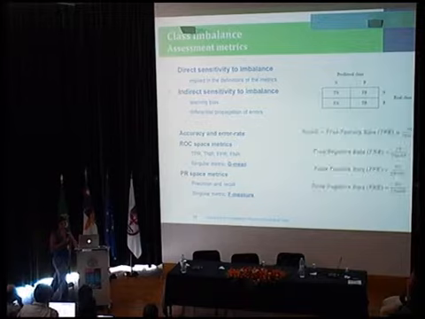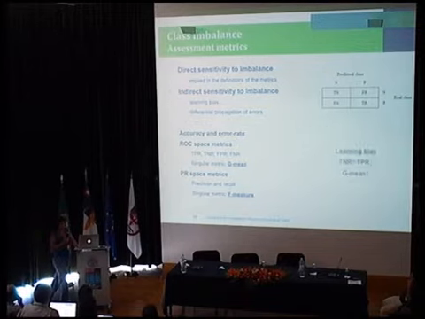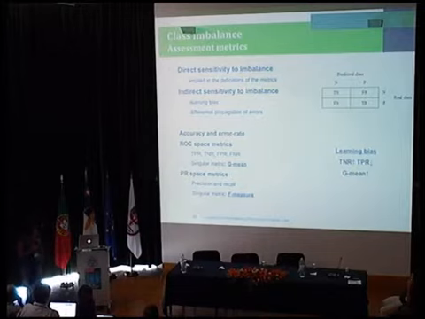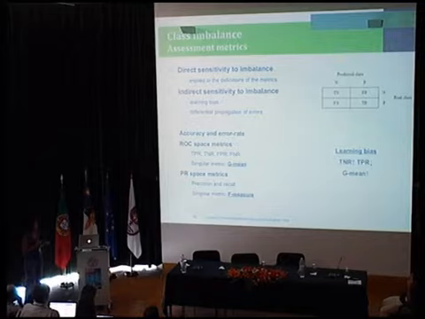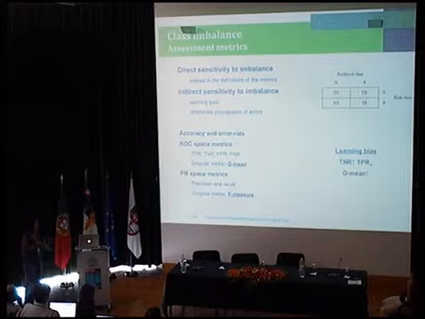So in here, I just have the formula. This doesn't matter. Basically, in the case of learning bias, we see that we have learning bias when the true negative rate increases and the true positive rate decreases. Just the G-mean should increase.